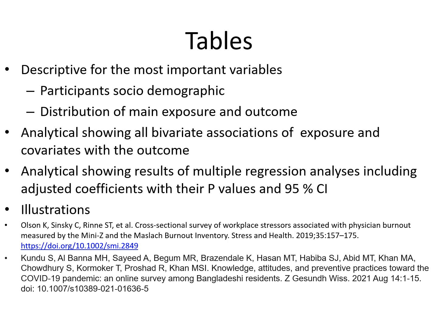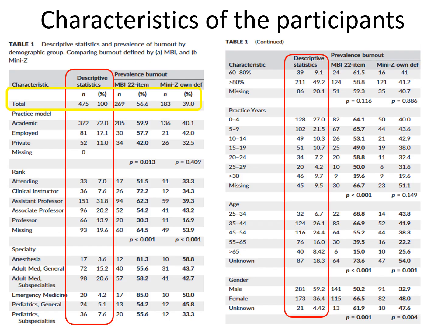These are the two articles we're going to use to illustrate the tables for descriptive and for analytical types of findings. This table is the first table in the article on burnout among medical doctors, and it presents the participant characteristics, which is really the basic profile of the sample, in addition to the analytical or bivariate association with prevalence of burnout.